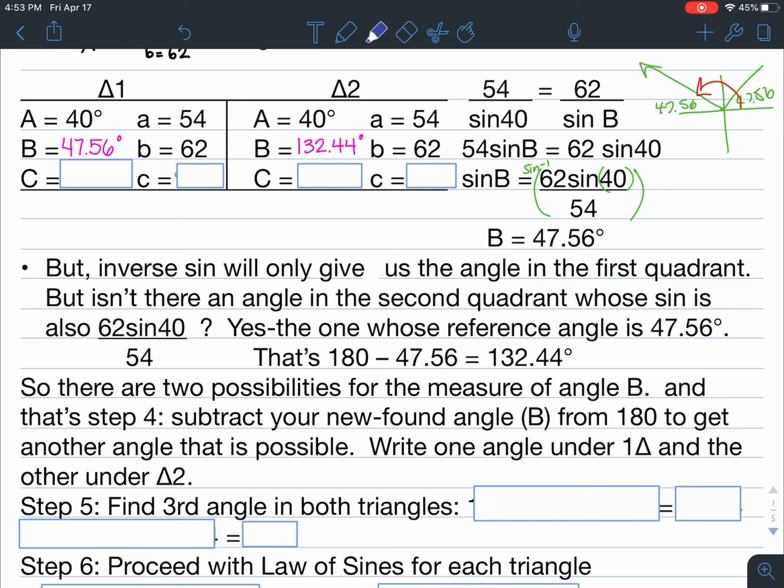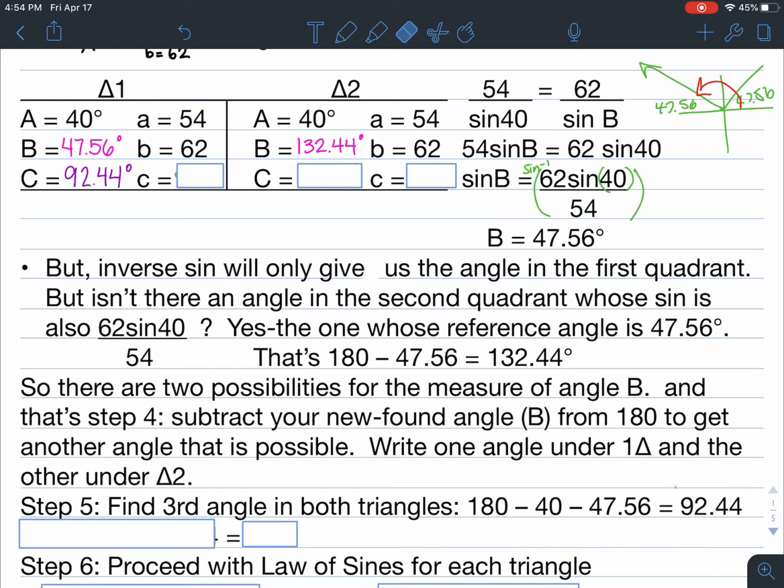Okay, step 5 is going to be to find the third angle in both triangles. So in the first triangle, that will be 180 minus 40 minus 47.56, and that will be 92.44.